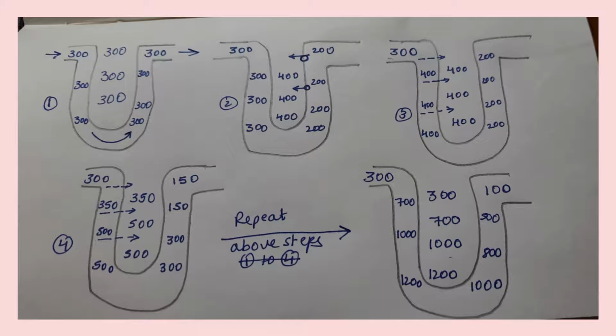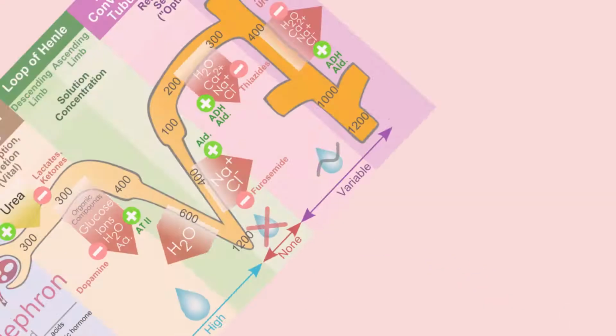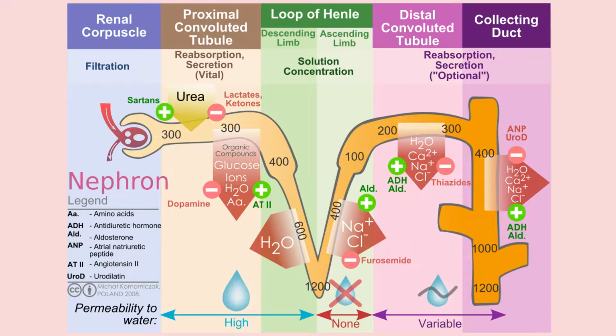This process continues again and again, and more solutes are pumped out into the renal medullary interstitium until the medullary interstitial osmolarity reaches about 1200 milliosmoles per liter.